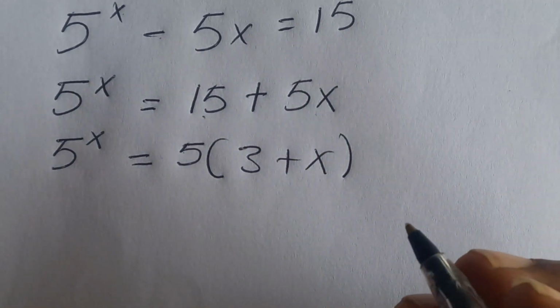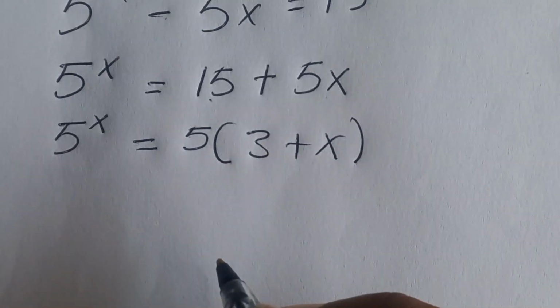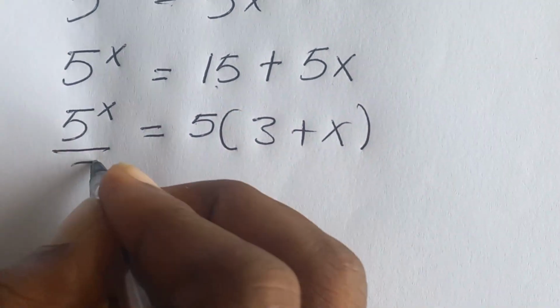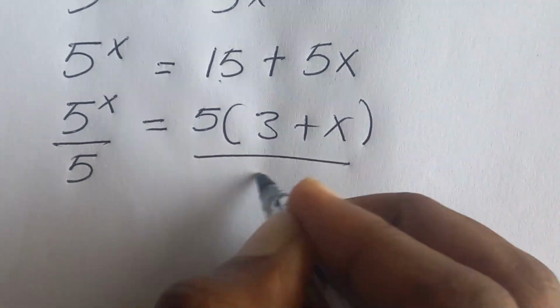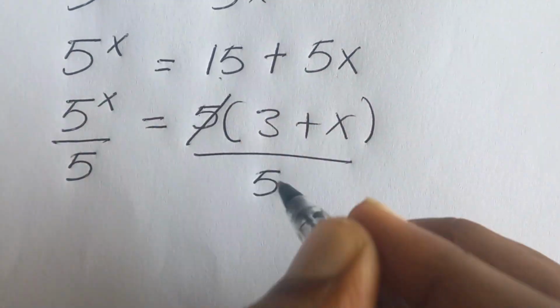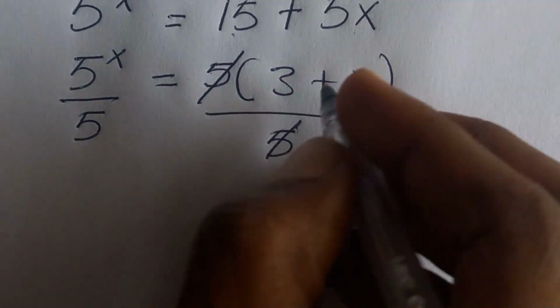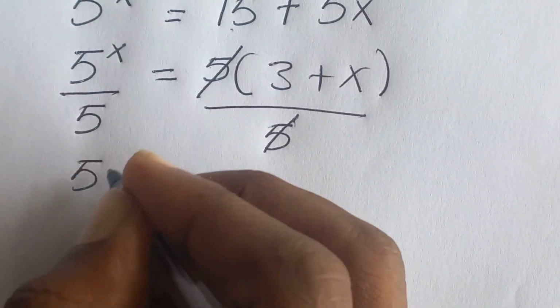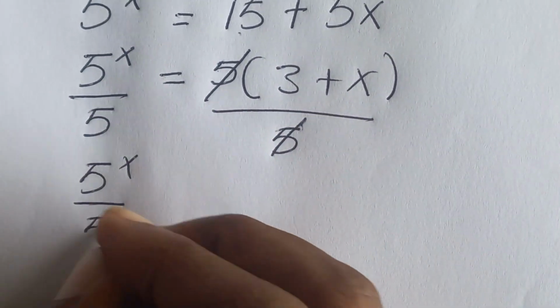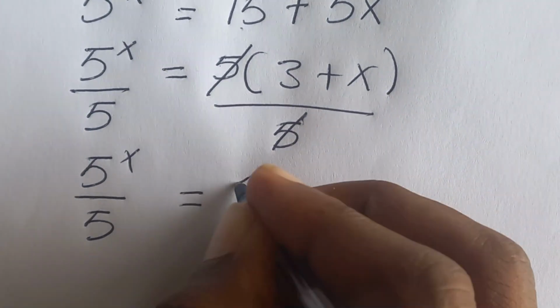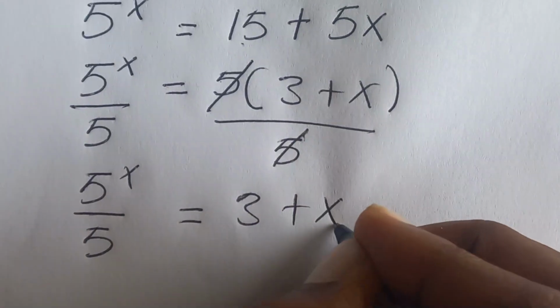So now we can divide both sides by 5. Dividing both sides by 5, this 5 replaces this, leaving 5 exponent x upon 5 is equal to 3 plus x.